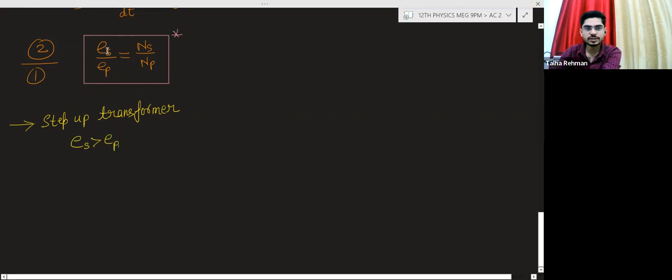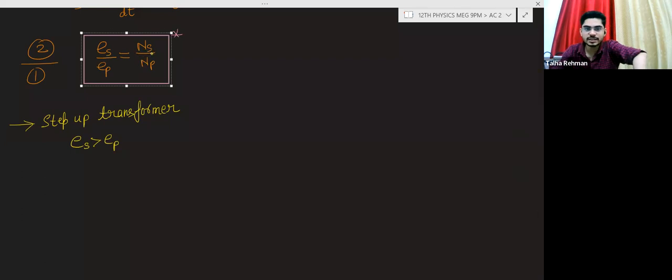So from this equation, if this ES by EP is greater than 1, then you can say NS by NP will be greater than 1.